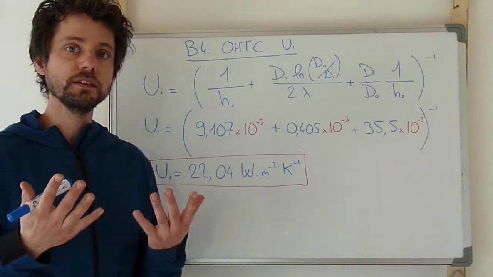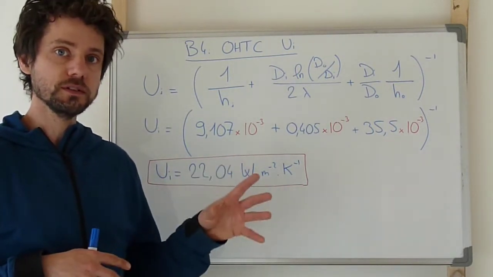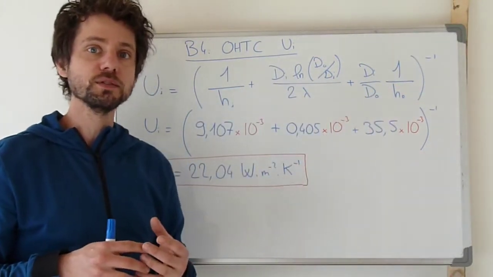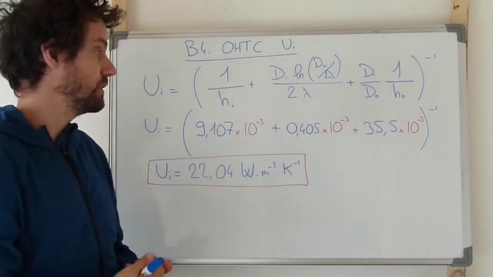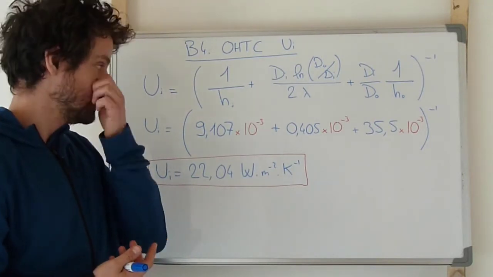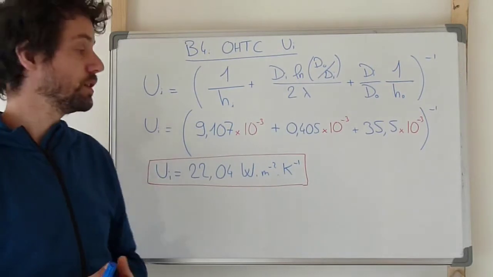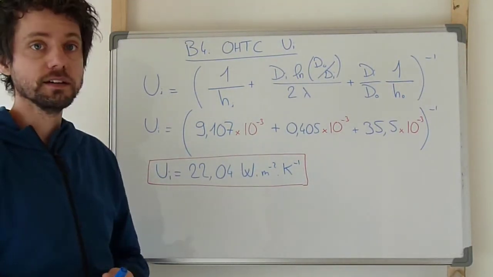I find it very interesting to calculate first separately each of these terms, because then we can also see what respective weight they have in the overall heat transfer resistance. So now we know all the different values, so we can calculate easily these terms.